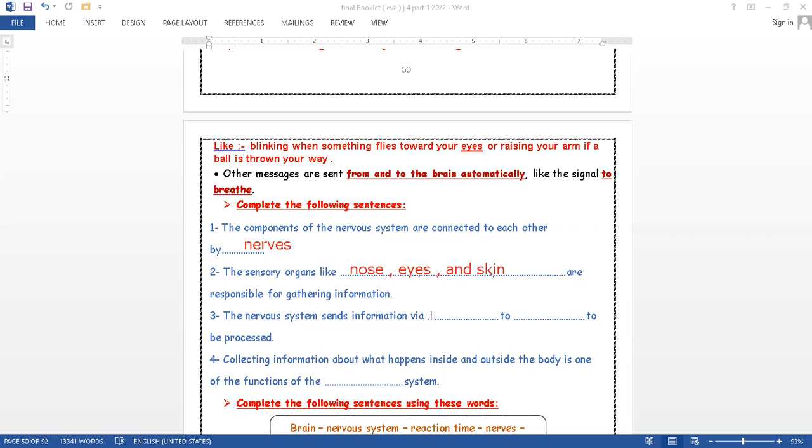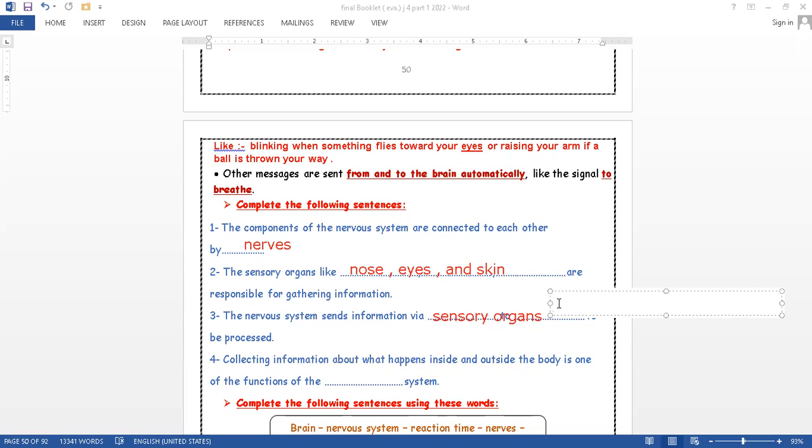The nervous system sends information via dots to be processed. Our nervous system sends this information via our sensory organs, and we said it is the main important role of our sensory organs to the body.